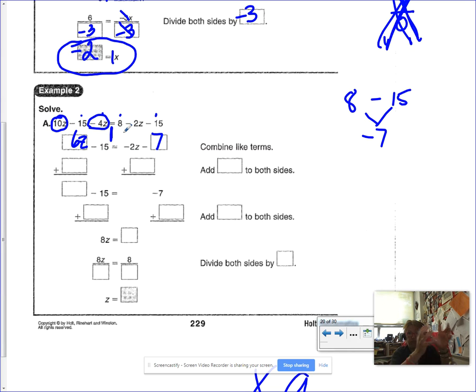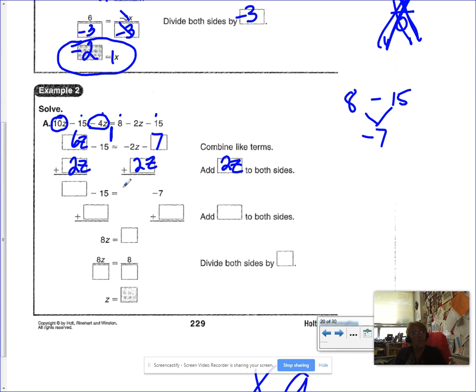Either you're going to destroy 6z, or you're going to destroy negative 2z. In this case, the book says let's annihilate negative 2z because I can add and keep things positive. So they're specifically saying, let's add 2z to each side.